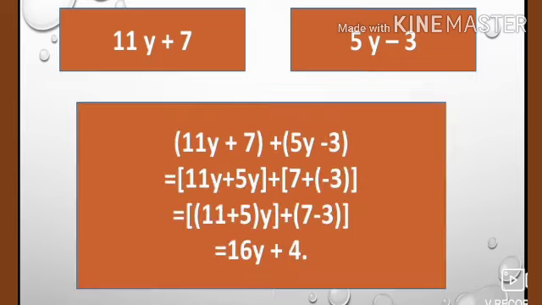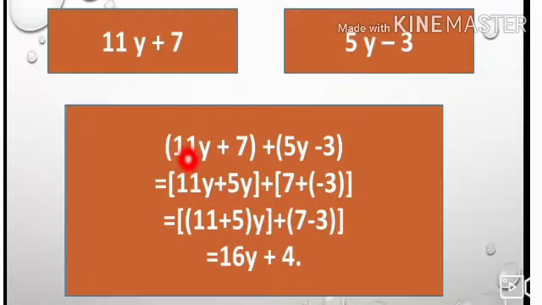Hence, when we add these two algebraic expressions, 11y plus 7 plus 5y minus 3, first we have to arrange the like terms separately. Now in the first bracket it is the addition of two algebraic terms, and here it is the arithmetic expression. So now in the next step, what will we do?